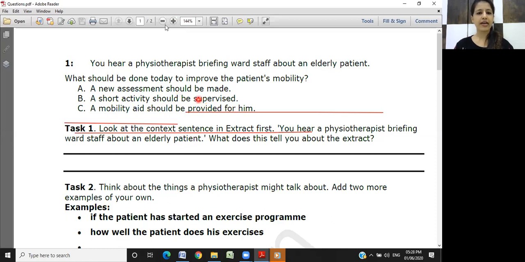So B is the correct answer here, and C can be ruled out because what the physiotherapist was saying is that the patient is reluctant to use it, and the nurse has to focus on it, or make sure that he uses it, but it should not be provided for him. That expression would mean that he doesn't have it already, and the nurse needs to arrange one for him.